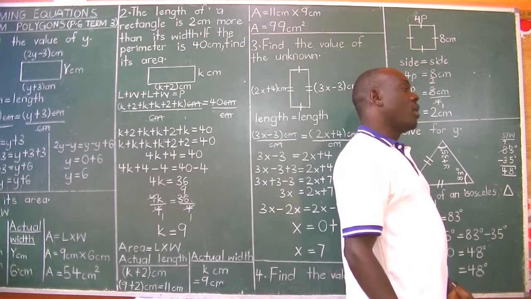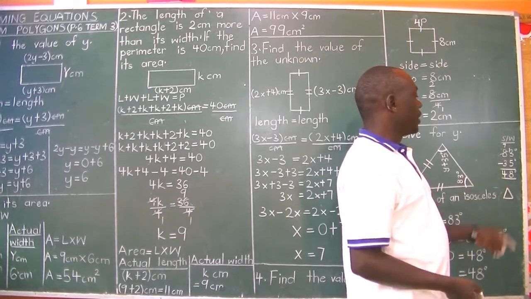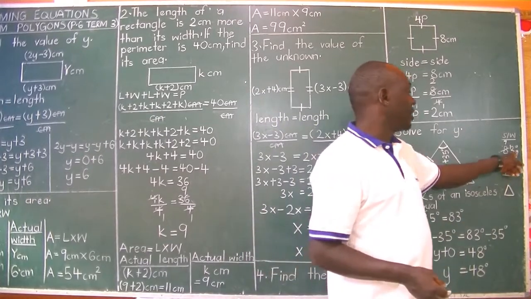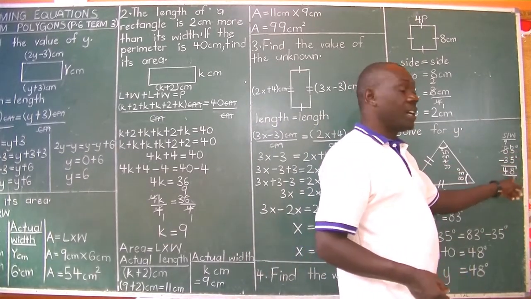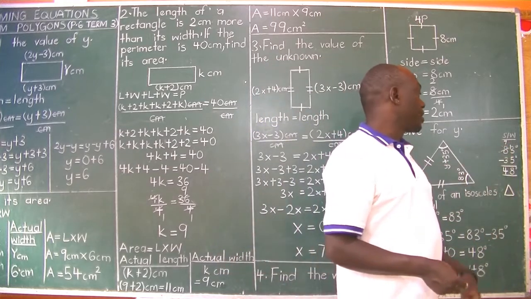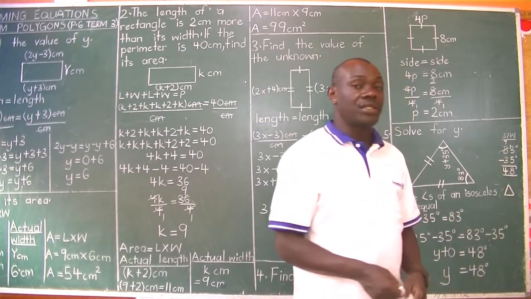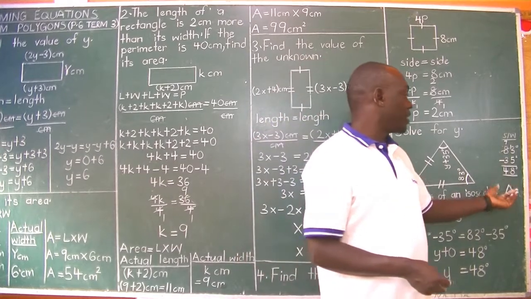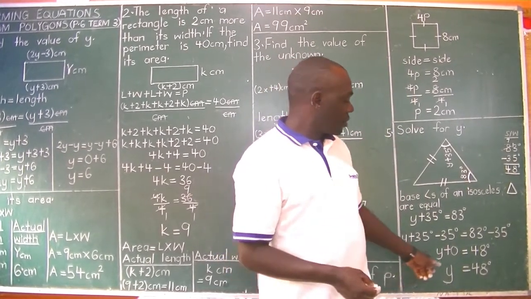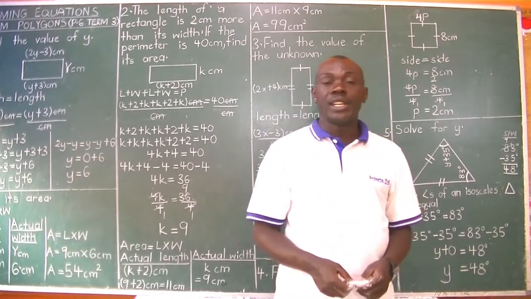Here, borrow 1 from 8, leaving 7. That 1 is equal to base 10. 10 plus 3 gets 13. 13 minus 5, you get 8. And then remember the remaining 7. 7 minus 3, you get 4. So 83 minus 35, you get 48. Please in degrees. So y equals 48 degrees.